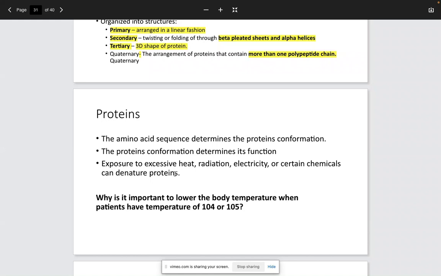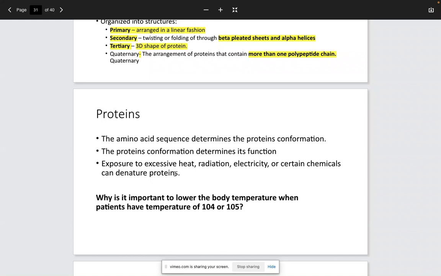And it's because of this denaturation process, right? When our body is subject to heat that these proteins don't function the best in, they don't have the best function in this excessive heat.